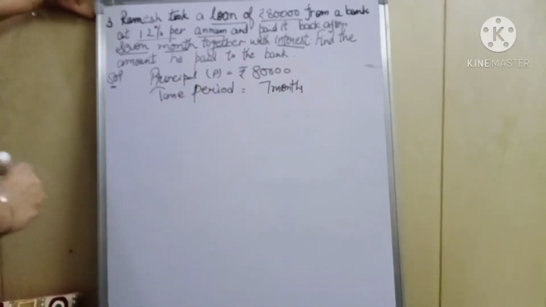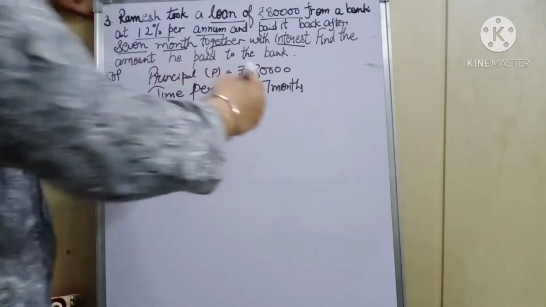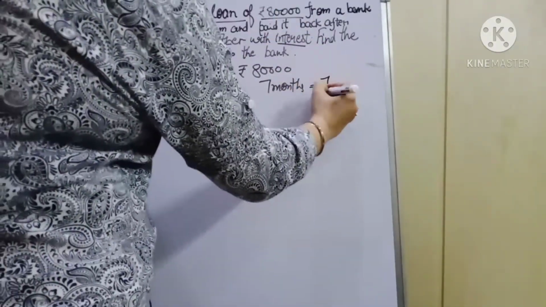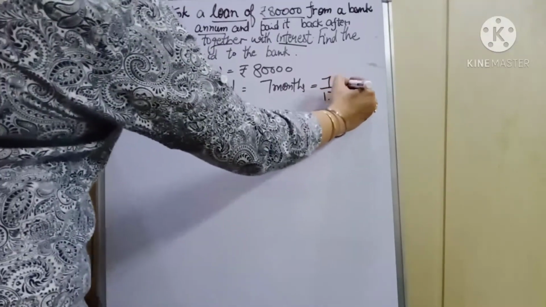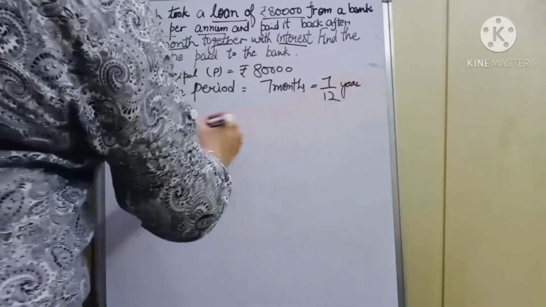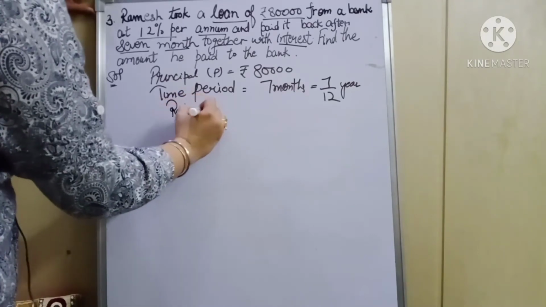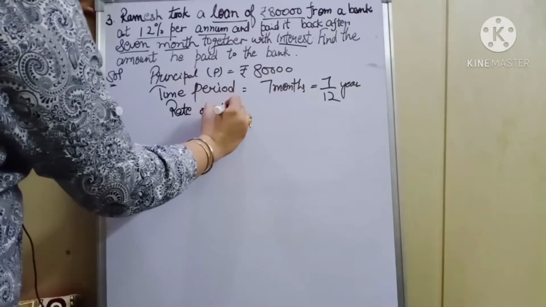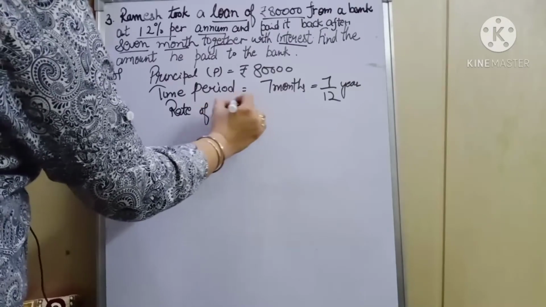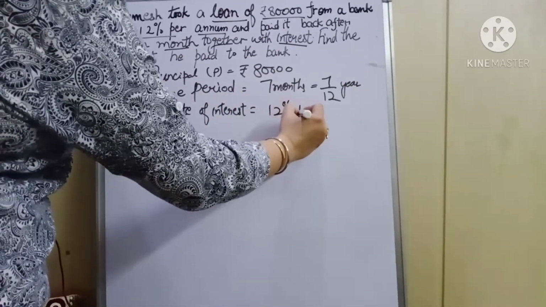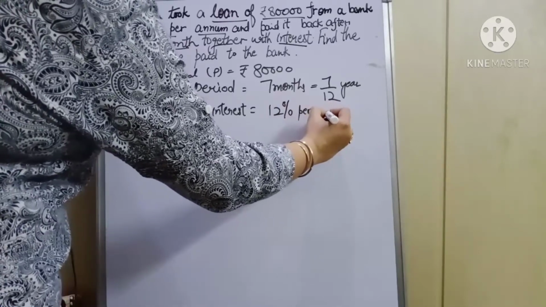Now we know we are going to take the time period in years because rate of interest is per annum. 7 by 12 years, because 1 year is equal to 12 months. Now rate of interest is equal to 12% per annum.